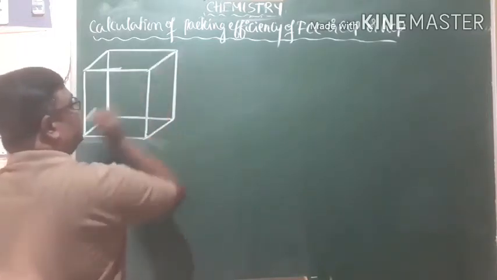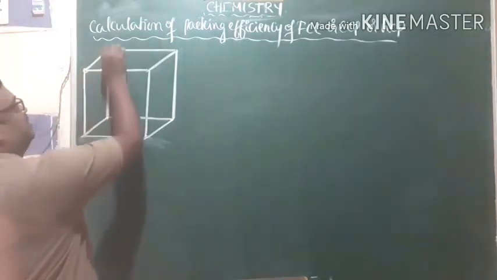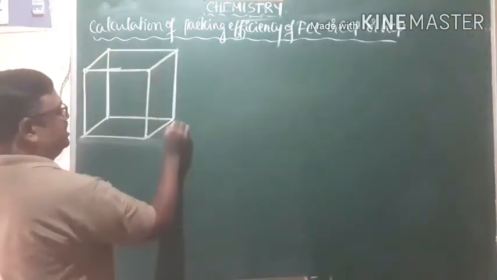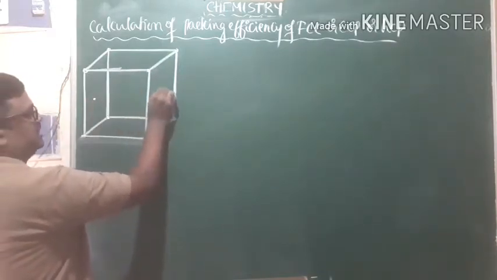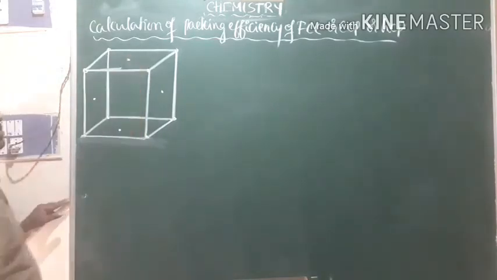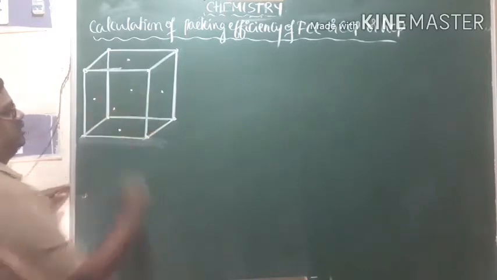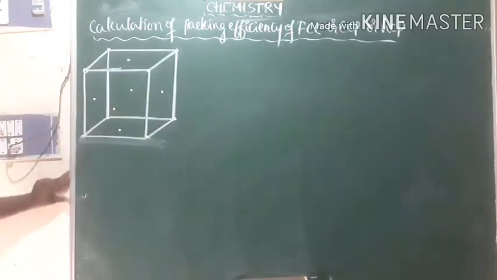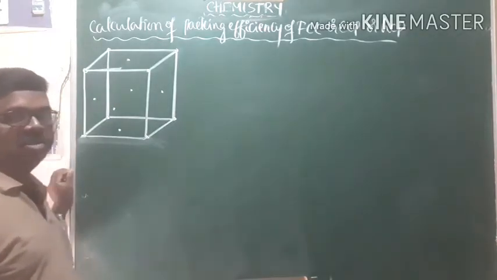As far as FCC is concerned, you will find the particles at the corners as well as at the face centers. These are two face centers, and of course the remaining faces, total 4, and one more, and one more. Totally it is 6 faces. We find the particles at the face centers as well as at the corners of the unit cell.